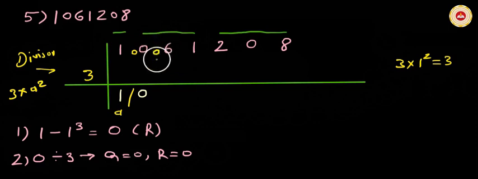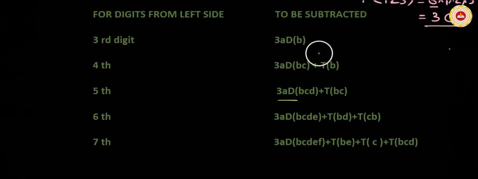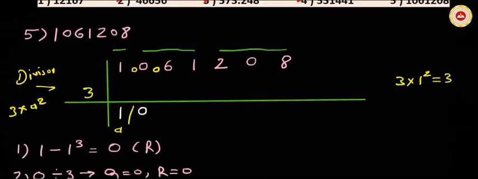Now let us calculate the net dividend by subtracting. What to subtract? We are going to calculate the third digit, so let us subtract 3A duplex of B from the gross dividend.